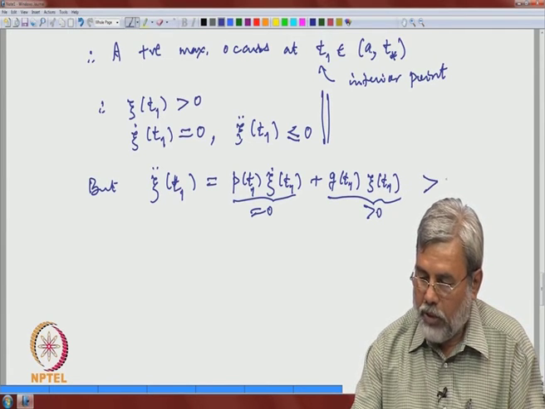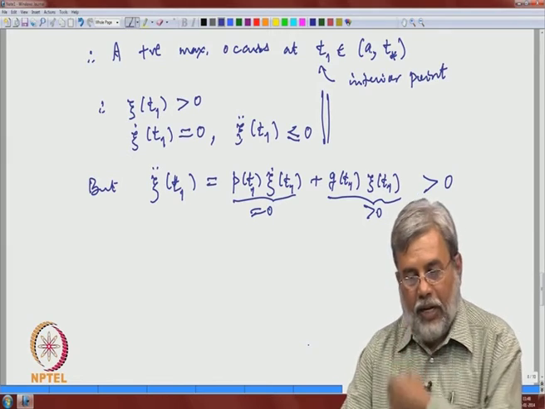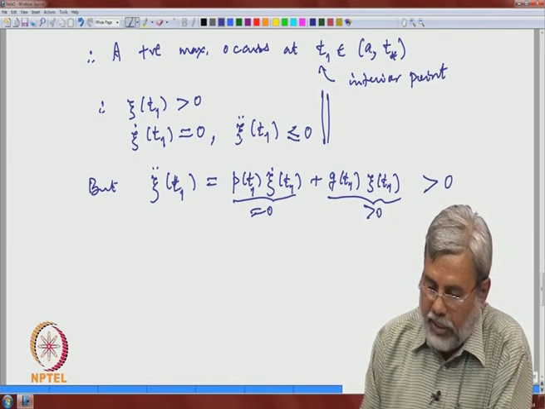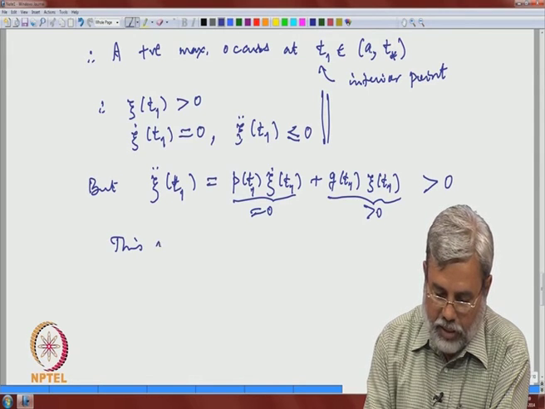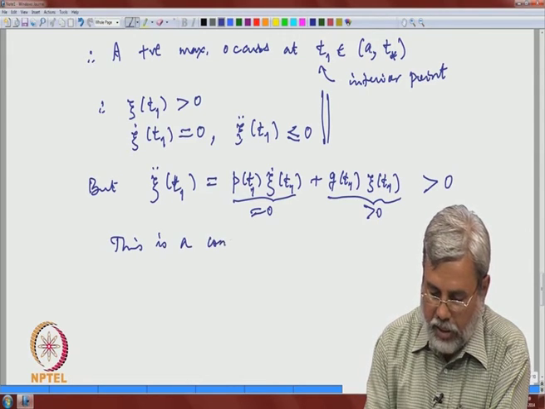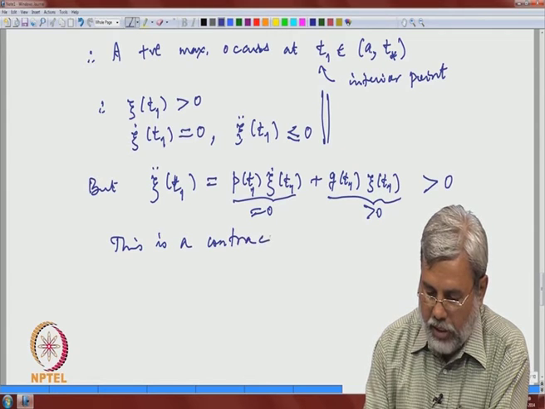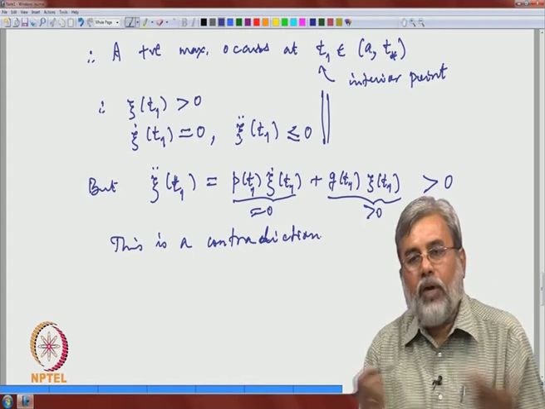So, the whole thing is positive, but at a maximum J double dot T1 is negative. So, this is a contradiction. Okay. So, therefore, our claim is true.